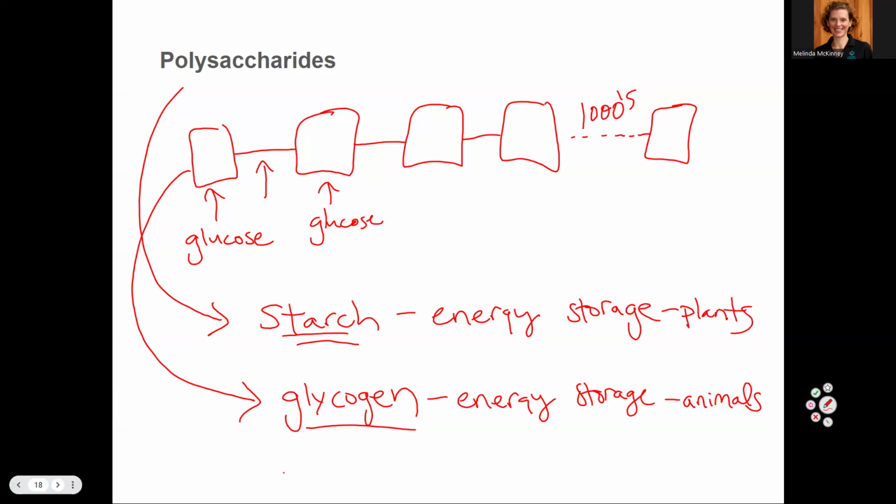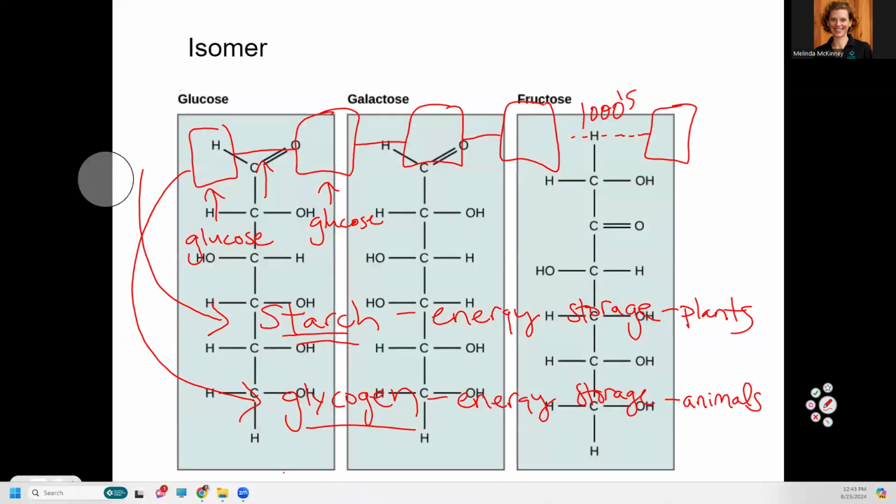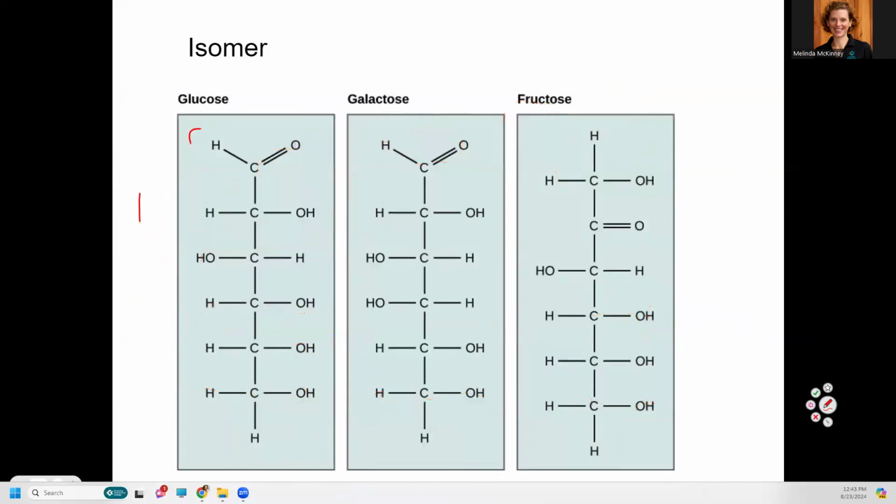All right, the last topic here is isomers. This is just an example I'm going to do for sugar, but it could be for other molecules as well. If it's a structural isomer, it has the same molecular formula, which means the same number of atoms.